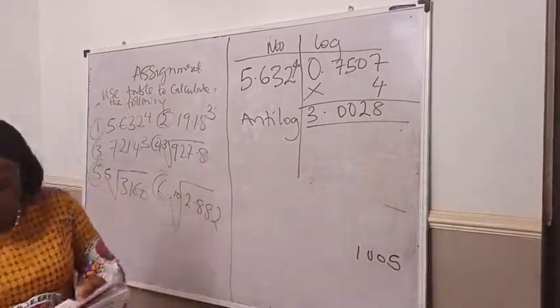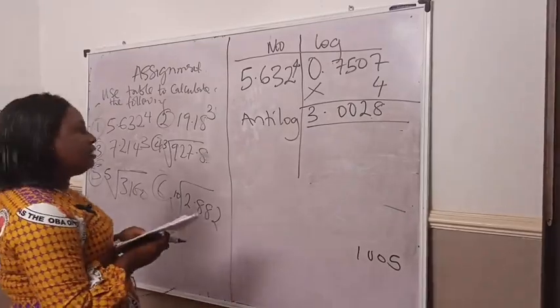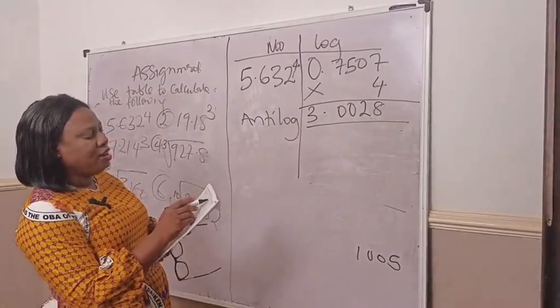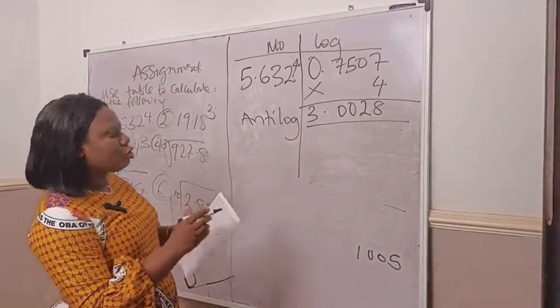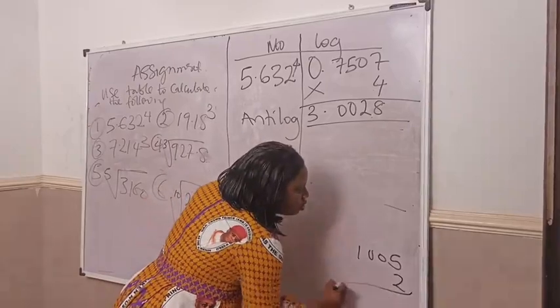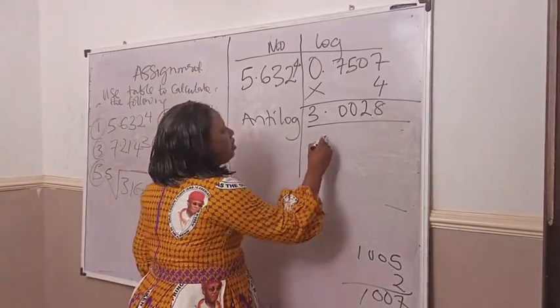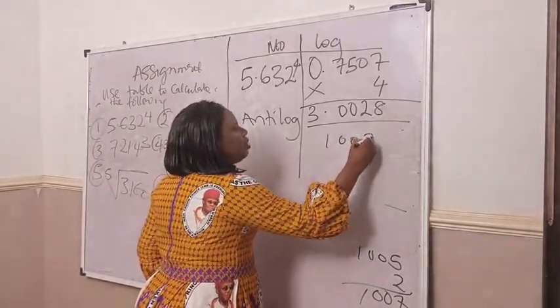Then after that, it has a difference 8. Difference 8 is 2. We write 2. So we always add the difference: 1007. So we have 1007.